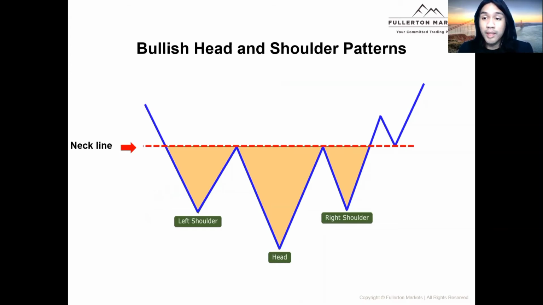But all of the ingredients to form the pattern are the same. Just like earlier, we have the neckline, we have the breakout, and of course, you can see we also have the pullback, of which we are going to enter a trade, which is known as a long position or a buy trade, okay? A long position or a buy trade.